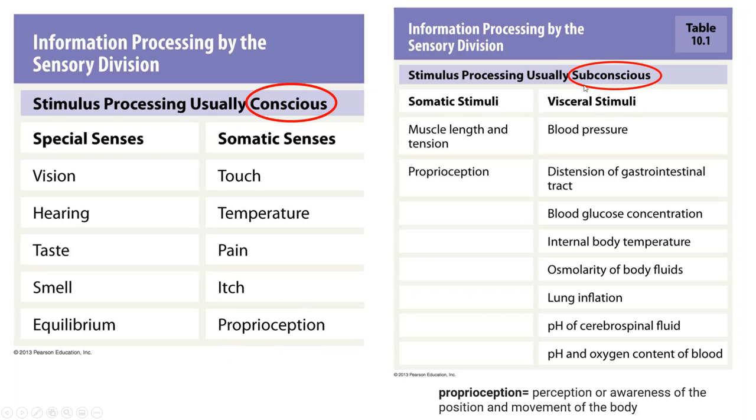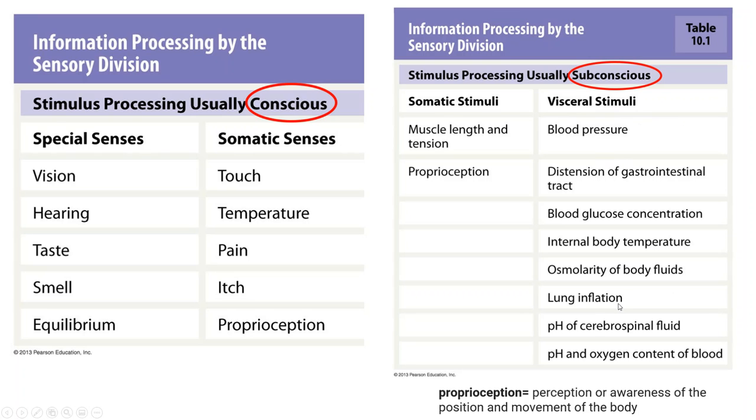And regarding the visceral stimuli, the subconscious stimuli processing, we have things like blood pressure, distension of the gastrointestinal tract, blood glucose concentration, internal body temperature, osmolarity of body fluids, the concentration of solutes in body fluids, which is always maintained in a certain range. So many of these fall into homeostatic pathways, which are controlled by visceral stimuli.